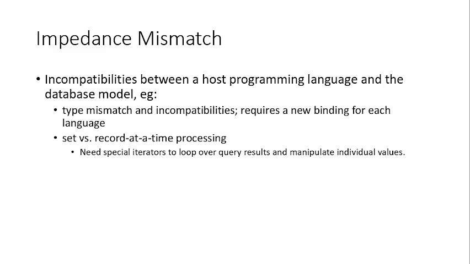For example, the data types available in C or C++ and Java are different, and both differ from SQL data types, which are the standard data types for relational databases.